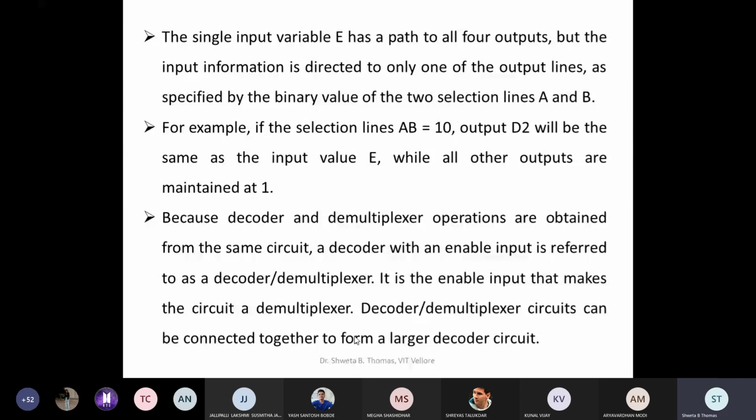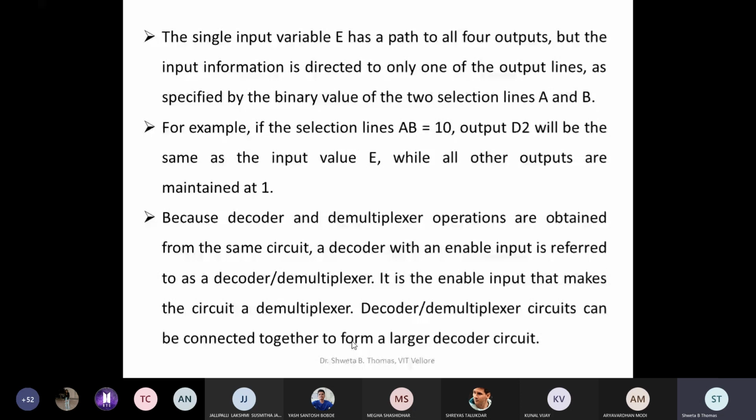Because it depends on the selection lines, as specified by the binary value of the 2 selection lines. But all the time this input will be fixed, either 0 or 1. For example, if the selection lines A, B are 1 0, the output D2 will be the same as input value E, while all the other outputs are maintained at 1.